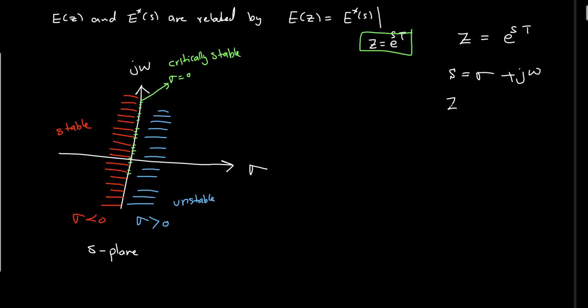So simply this means that z will equal exponential of sigma t times exponential of j omega t, which has a magnitude and angle. In this case, the magnitude will be the exponential of sigma t, and the angle phi will be omega t.